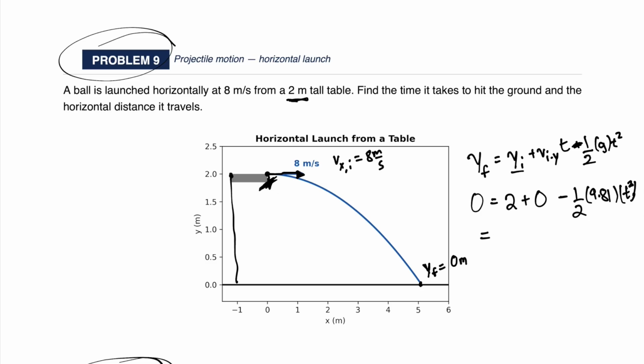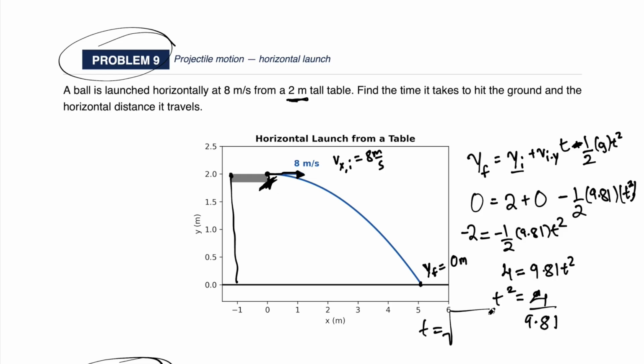So negative 2 is equal to negative 1/2, 9.81 t squared. You multiply by negative 2 on both sides. 4 is equal to 9.81 t squared. t squared is equal to 4 divided by 9.81. And t is equal to the square root of 4 over 9.81.